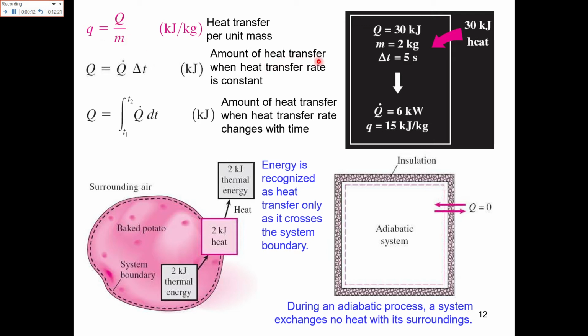The amount of heat transfer when the heat transfer rate is constant is Q equals Q dot times delta t, where Q dot is the rate of heat transfer. The total heat transfer is given by capital Q equals the integral from t1 to t2 of Q dot dt.